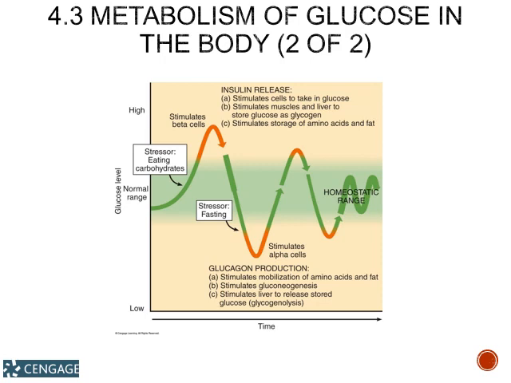This is an excellent chart in your book that shows the regulation of resting blood glucose levels. On the y-axis, you see the glucose level, which ranges from low to high. There's a green area that indicates the normal range, which is estimated to be between 60 and 110.